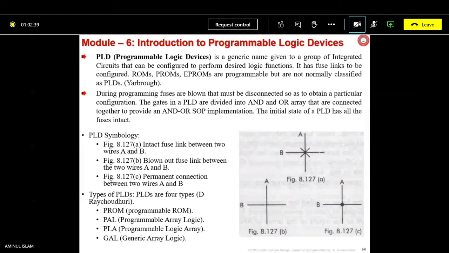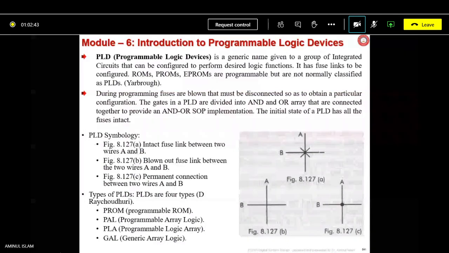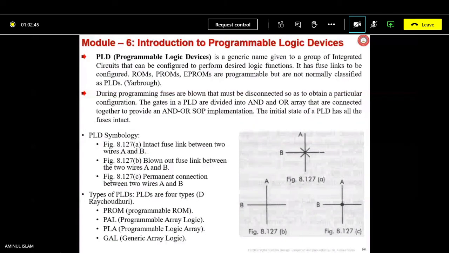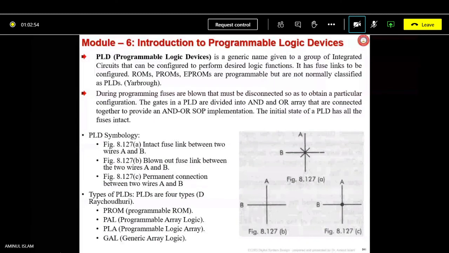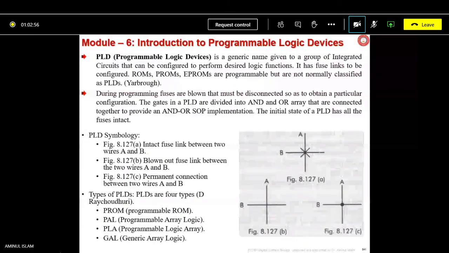During programming, fuses are blown that must be disconnected so as to obtain a particular configuration. The gates in a PLD are divided into AND array or OR array that are connected together to provide an SOP implementation. The initial state of a PLD has all the fuses intact.